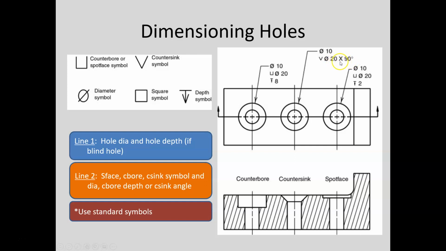Notice the space on either side of the x here because this x is used as a by, not a repetitive feature. All right. So here the diameter 10 is this through hole. The diameter 20 is the large opening for the countersink. And then the 90 degrees is the included angle of the countersink. Spot face is very similar to the counterbore.